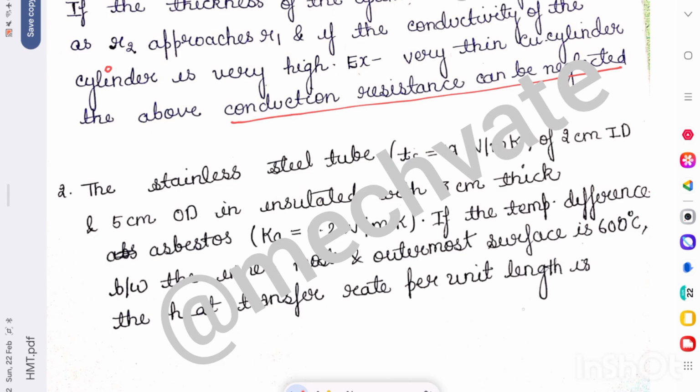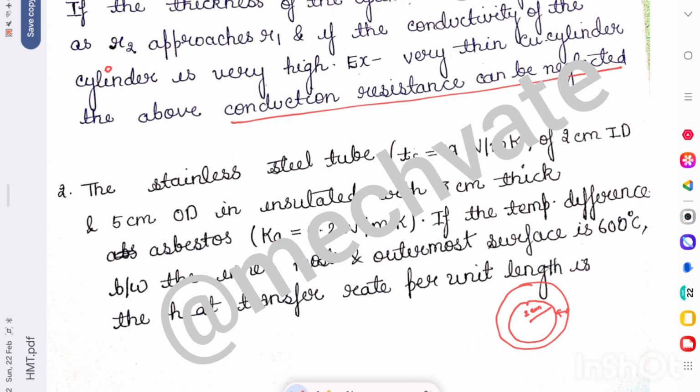Suppose that there is a cylinder whose inner radius is 1 centimeter and the outer diameter is 5.